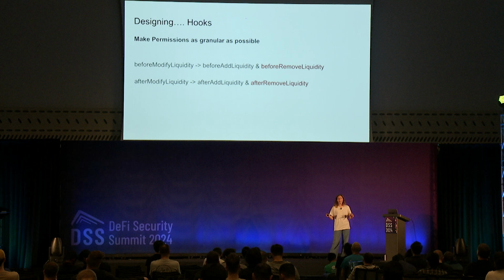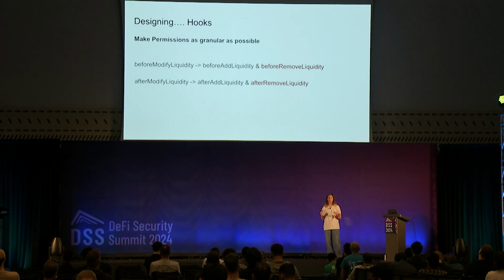And so really the key learning here, going through some of the design for building hooks and defining some of these permissions, is make these permissions as granular as possible. It has implications when you think about building routers and liquidity management contracts, right?